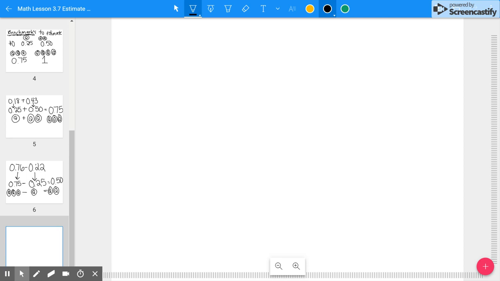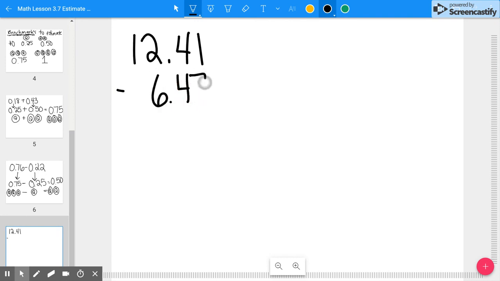So if my directions say to use benchmarks to estimate, and I have this problem, 12 and 41 hundredths minus 6 and 47 hundredths, I'm going to think of it in terms of money. So really this in my head is saying $12.41 and $6.47.